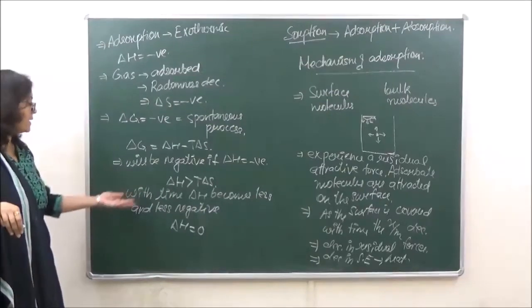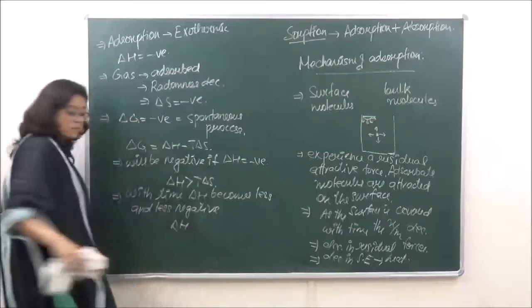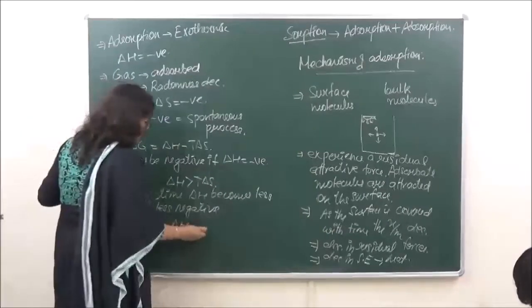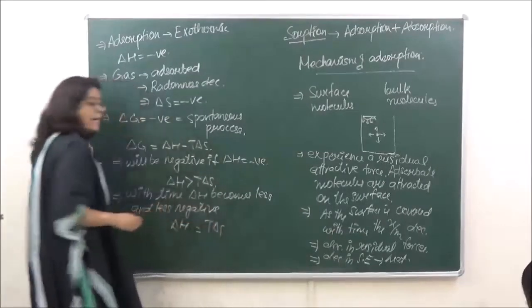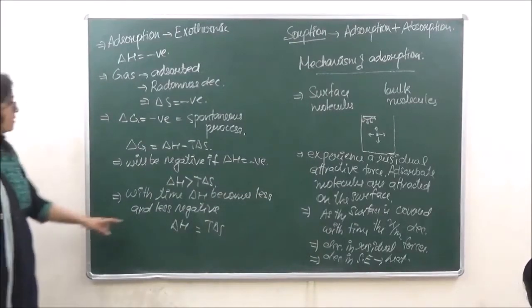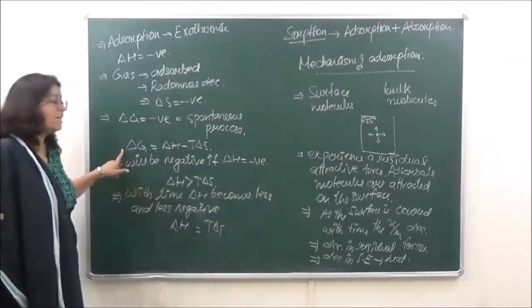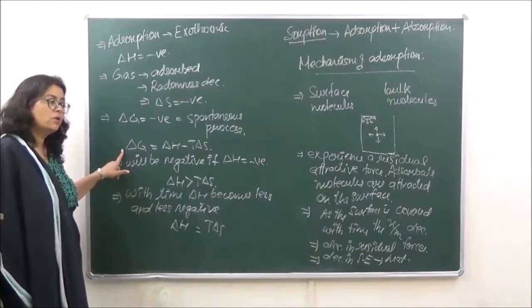Or we can say that instead of 0, let's say the value of delta H becomes equal to T delta S. Okay? So if the value of delta H becomes equal to T delta S, the value of delta G will become equal to 0.